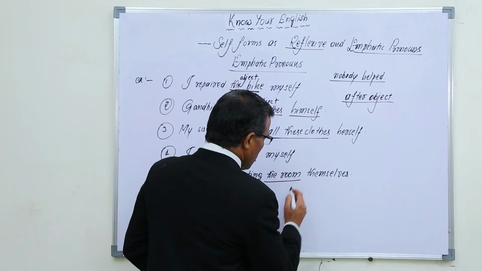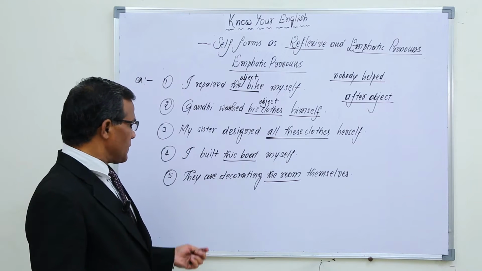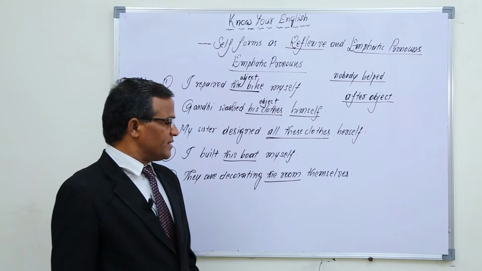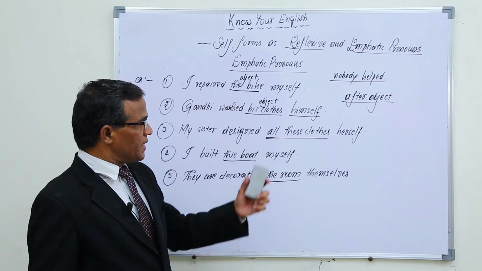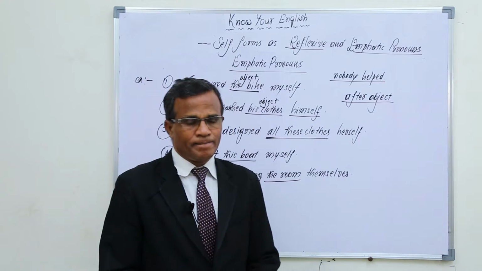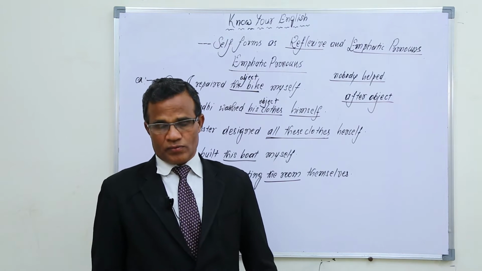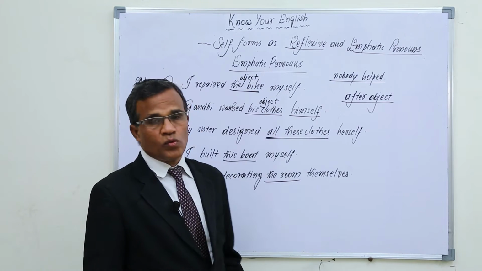The room is the object. After the object only we are using themselves. They are decorating the room themselves means without anybody's help they are decorating the room. So in the sense of nobody helped or without anybody's help, if we want to express something like that using emphatic pronouns, this is the way.